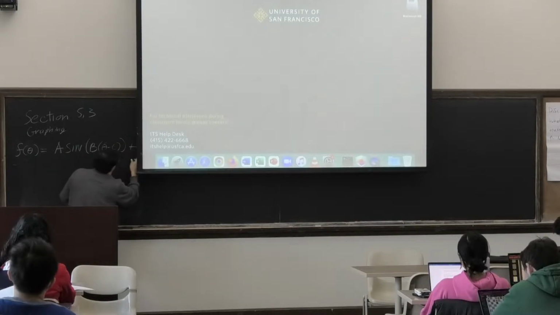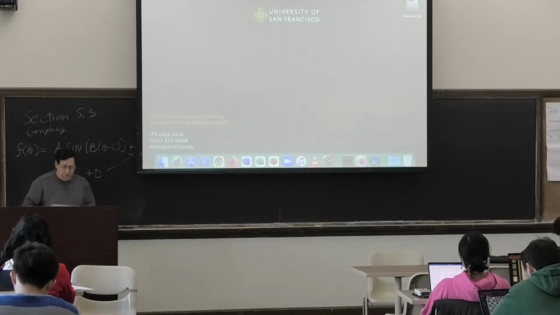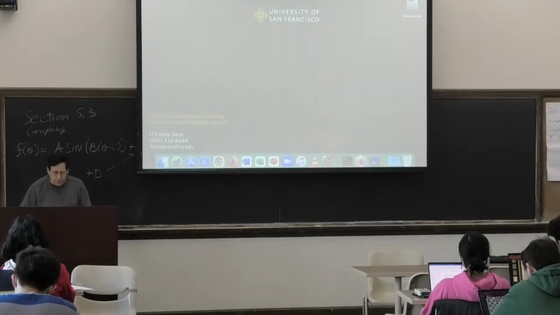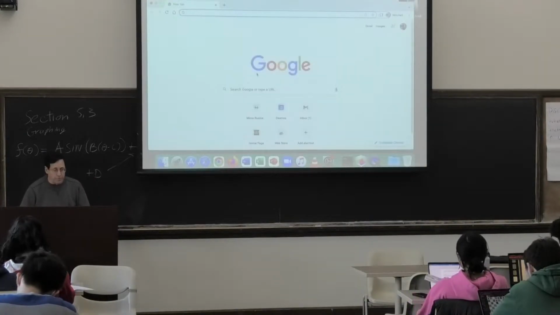And you can't really see the plus d over here. We're going to see what this does to the graph. Some of this is just the same as we saw with transformations of polynomial functions.